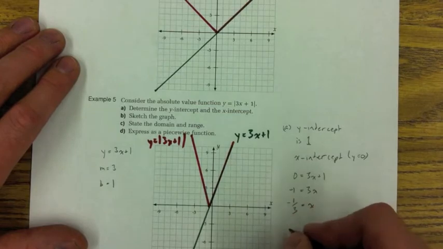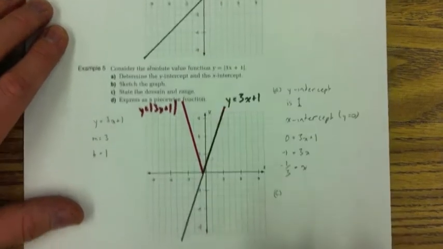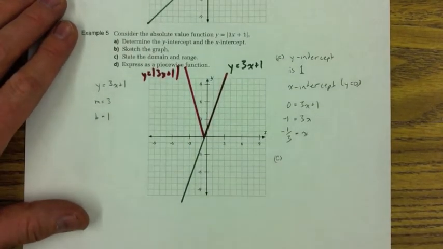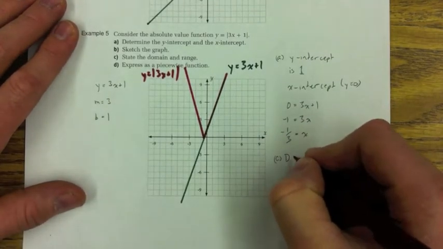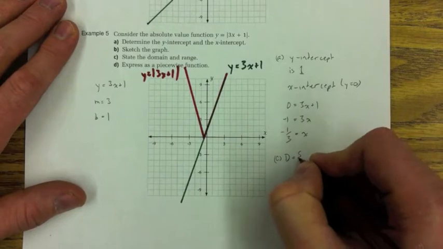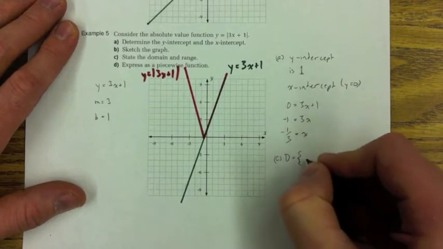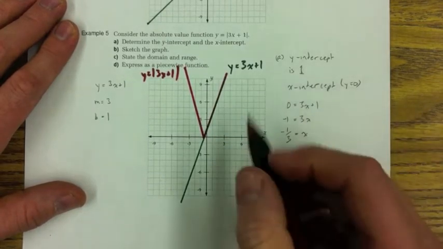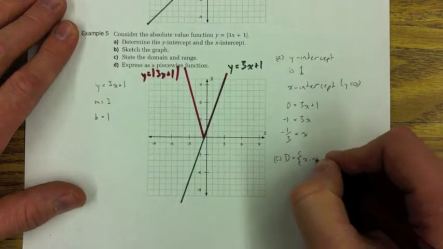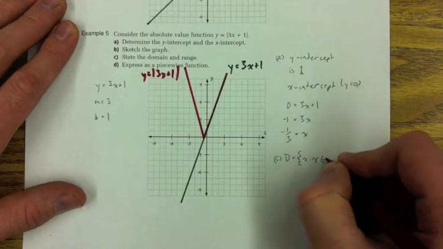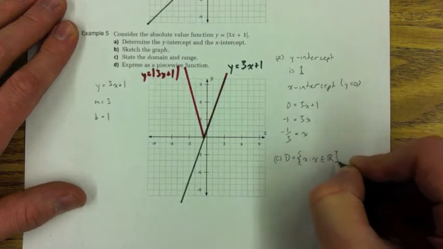The domain and range. Remember, the domain is going to be all of the x values that we can plug in. And thankfully, the domain of an absolute value function is the same as its associated function. So in this case, the domain is all of the x values such that x is a real number.